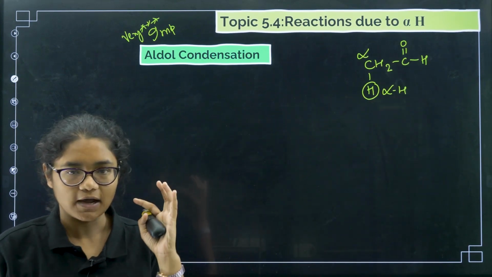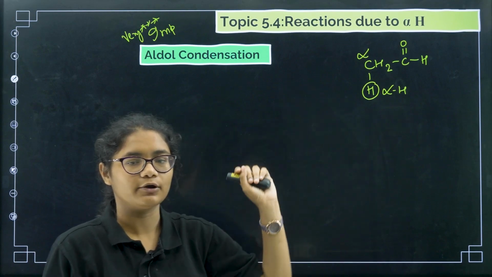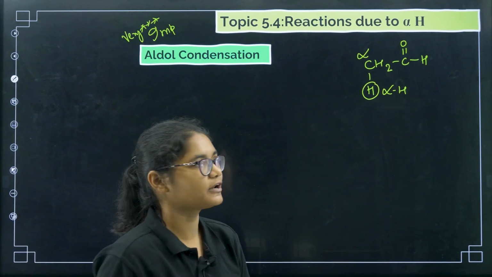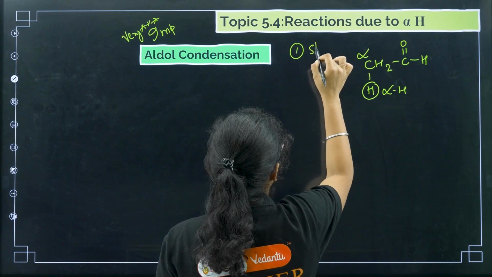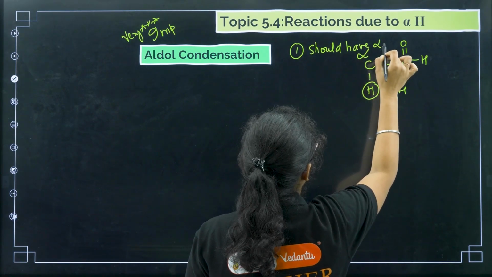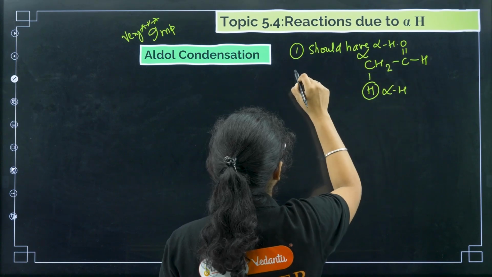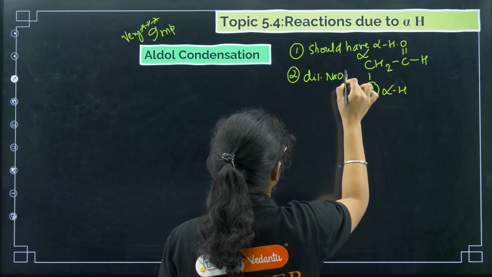Those compounds which contain alpha hydrogen can show this aldol reaction. So the first condition for aldol condensation is that it should have alpha hydrogen. Next, the reagent required here is dilute NaOH.